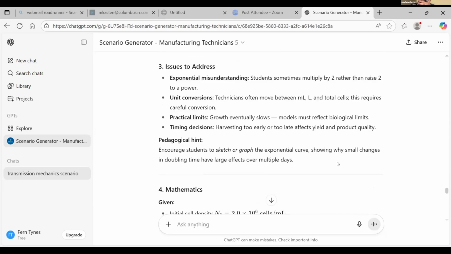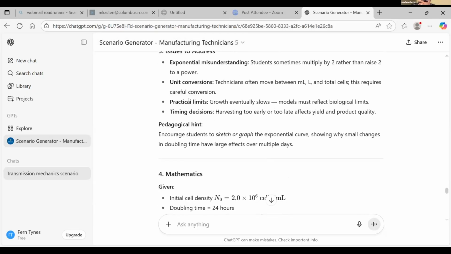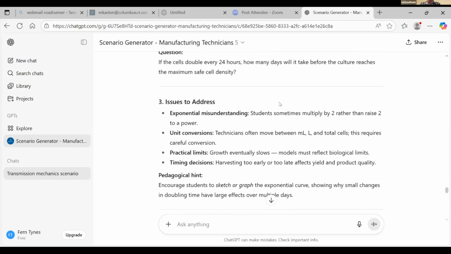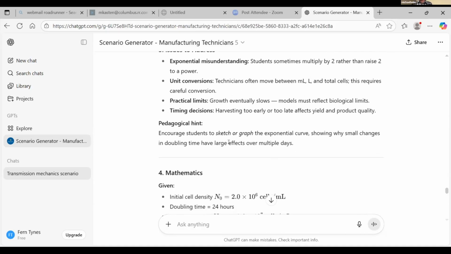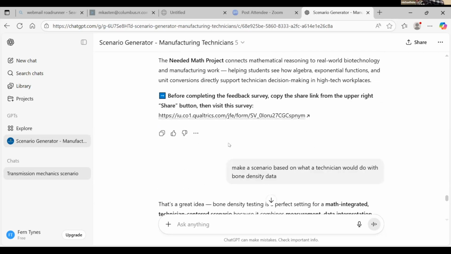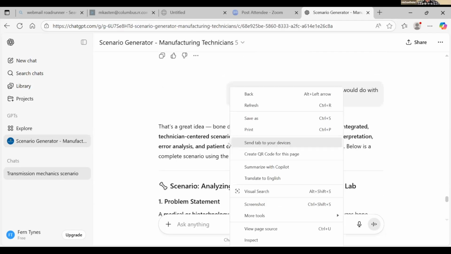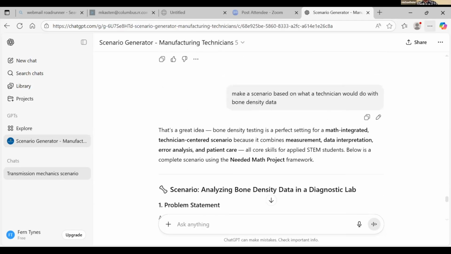Here they also had what misunderstandings students could have, and what challenges when they try to solve this problem, like confusing exponential growth with just multiplying by 2. So we were adding prompts. Here's another scenario based on technicians.